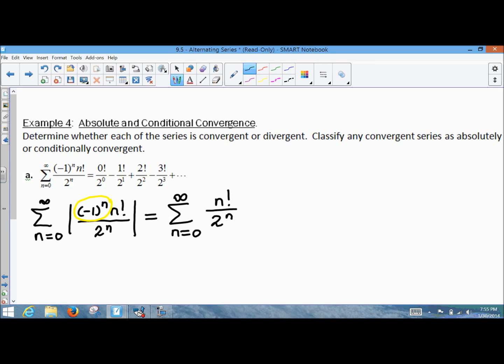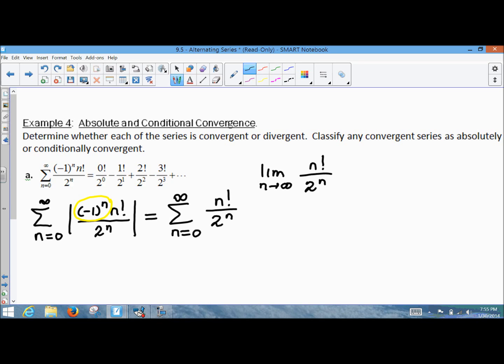Now there's a variety of ways that you can do this. One of the first tests that we learned was the nth term test for divergence, where you analyze what the limit is as n approaches infinity of n factorial over 2 to the n. And as long as you do not get 0, then you can assume that this series will diverge.